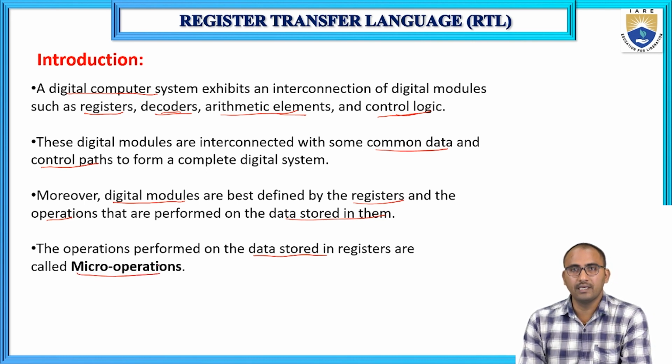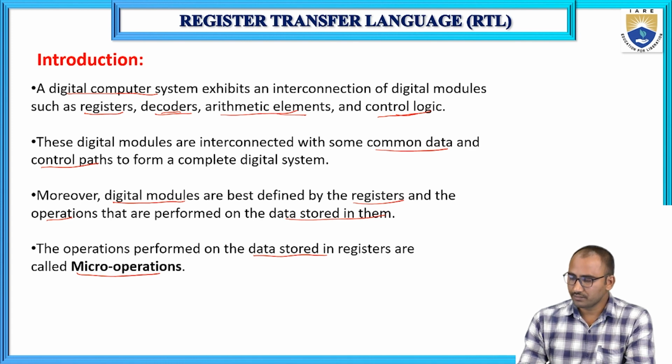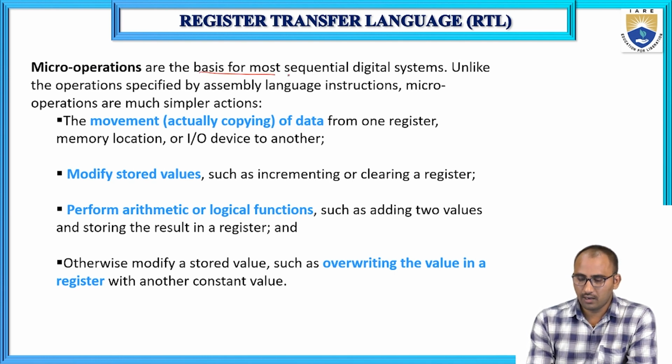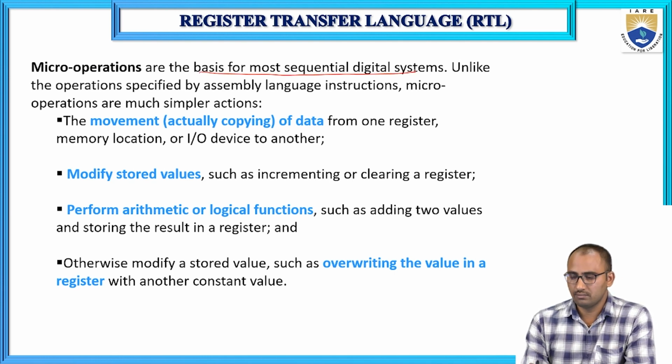A register is nothing but a group of flip-flops. So whatever operations we perform on the data stored in registers are called micro operations. These micro operations are the basis for most digital systems.